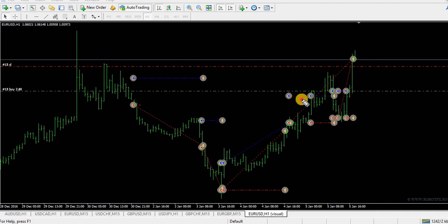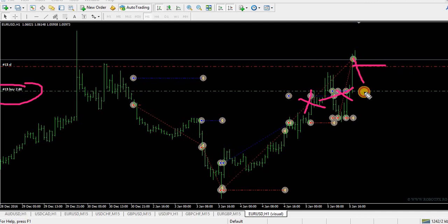And here it happened again. The expert advisor closed these losers, two sells. Now it's trailing this buy, and it moved the stop loss right here close to the price.